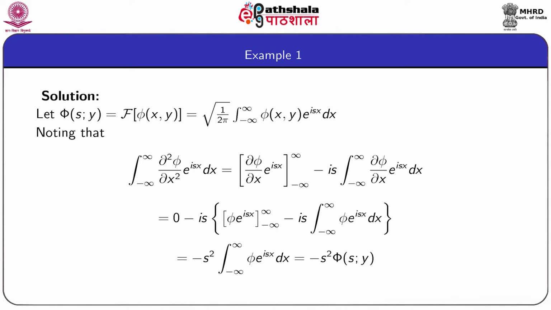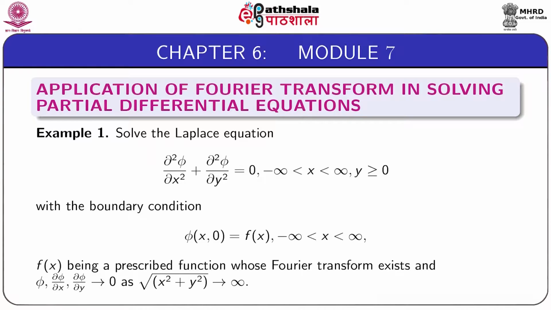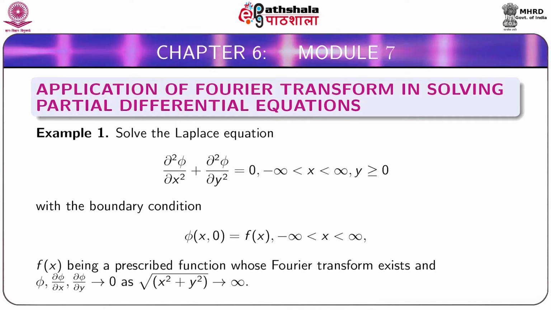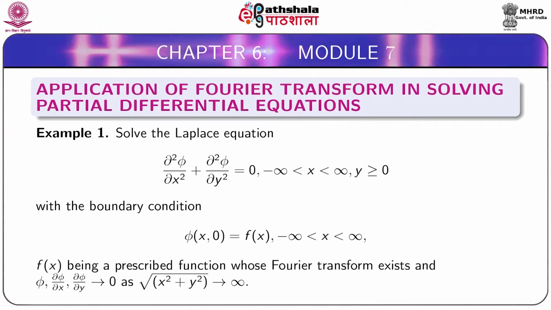Now we multiply the Laplace equation on both sides by 1 by root over 2 pi e to the power isx and integrate with respect to x from minus infinity to plus infinity.